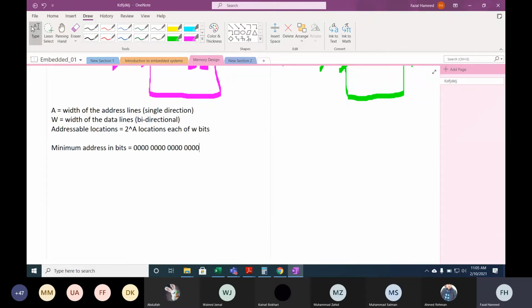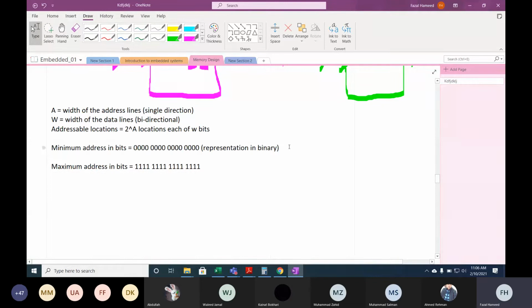So this is the minimum address. And what will be the maximum address? 1111 1111 1111 1111. Now this is the representation in binary.